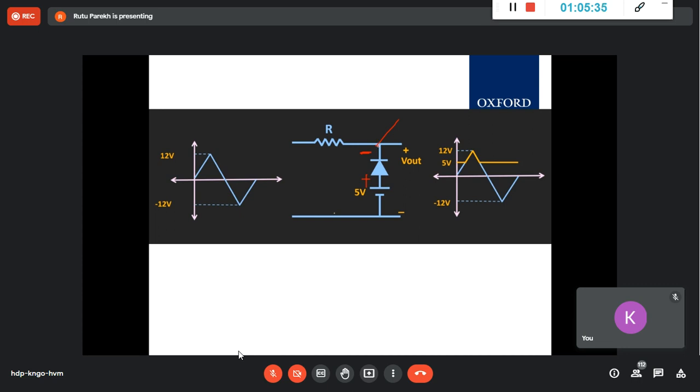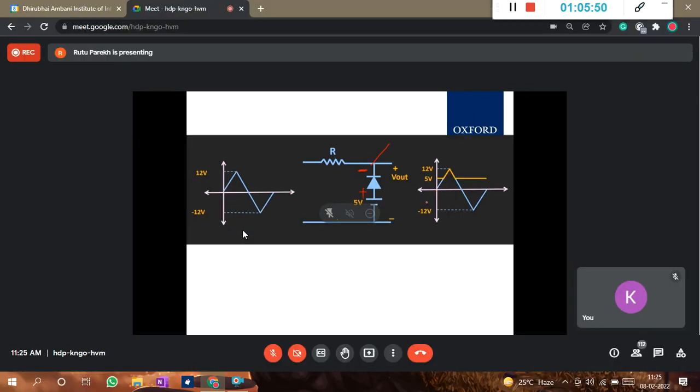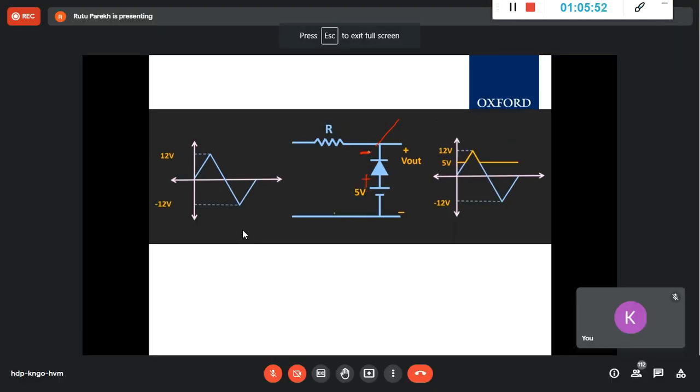If it is 5.2, if it is 6, 7, 8, up to 12, it will not conduct. But if it is 5, if it is 4, 3, 2, 1, minus 2, it will conduct. So everything less than 5 volt and the whole negative cycle, it will conduct.